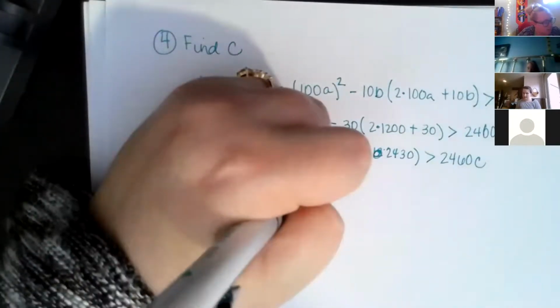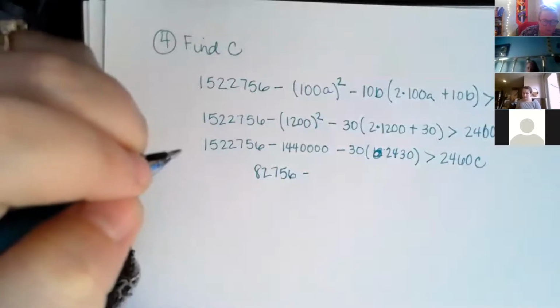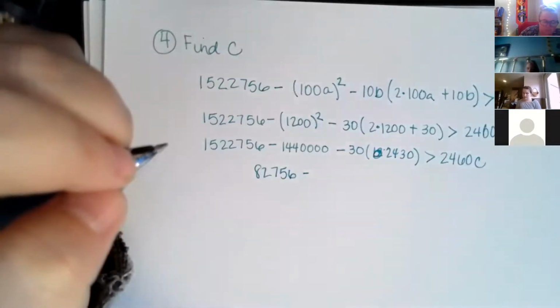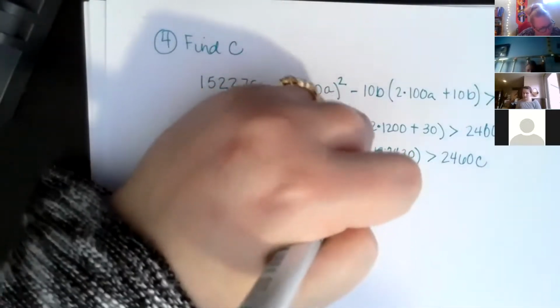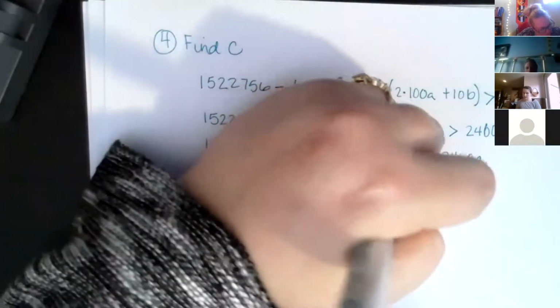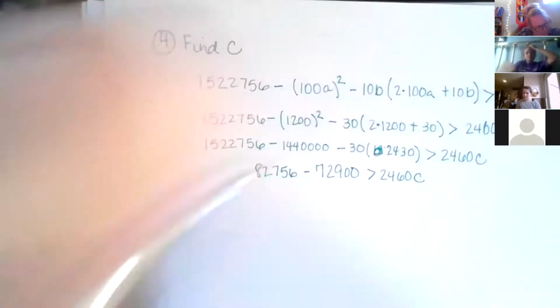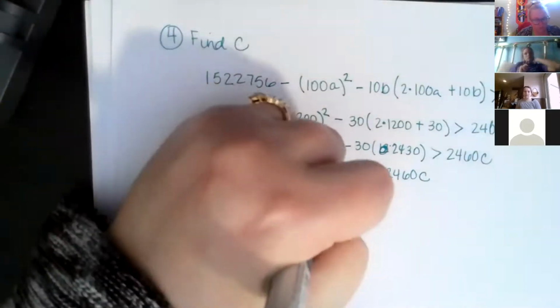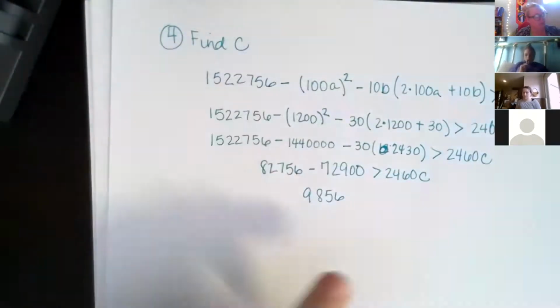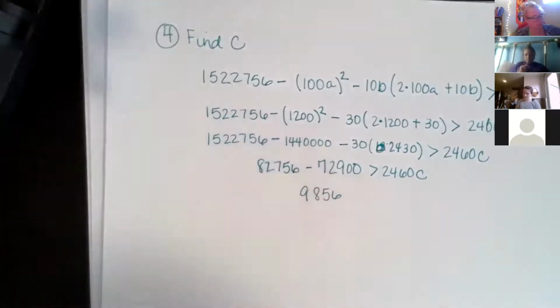Why am I recalculating that? 2430 times 30. Did y'all get 9,856 for that difference?